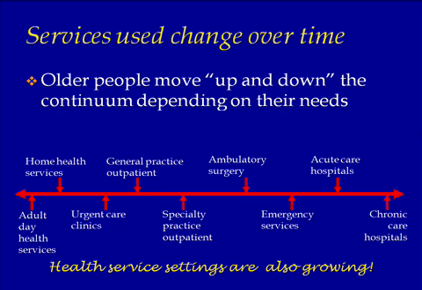We also know that the services that older adults use do change over time. People move up and down the continuum based on their needs. And so again, we have everything as simple as supportive home-delivered services, adult day health programs, to more critical services in terms of outpatient health and ambulatory service centers, and right into chronic care hospitals.